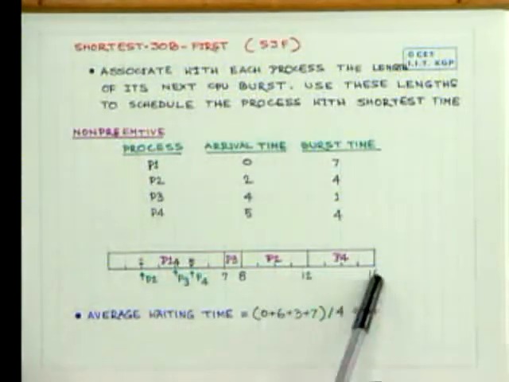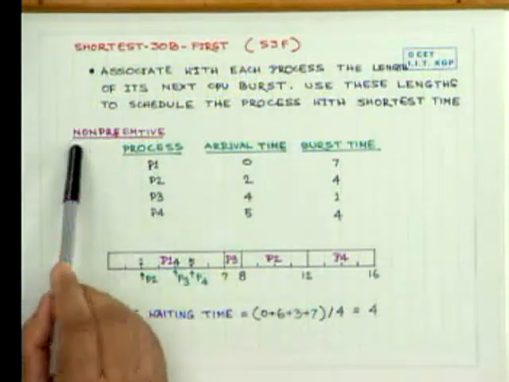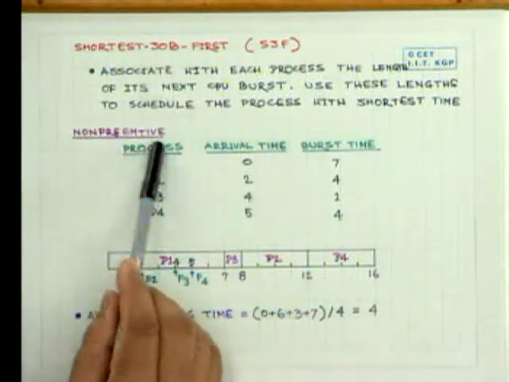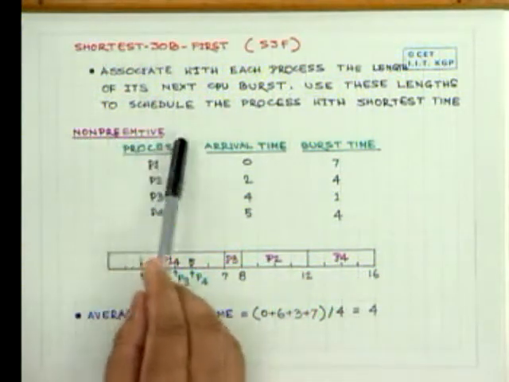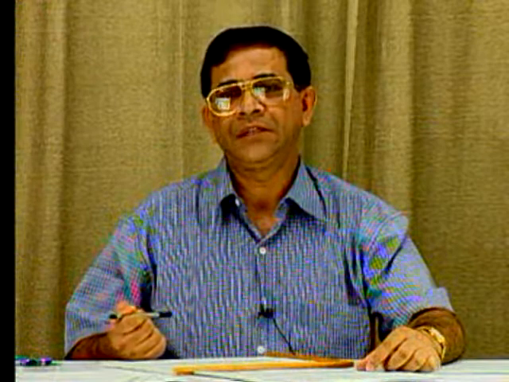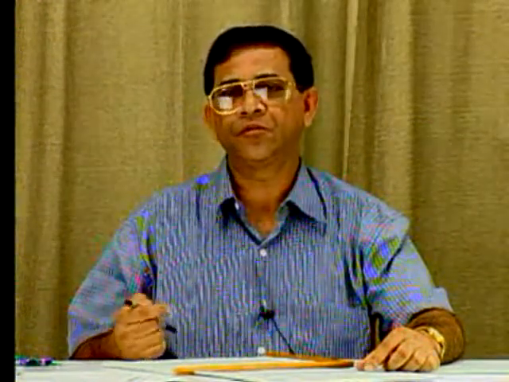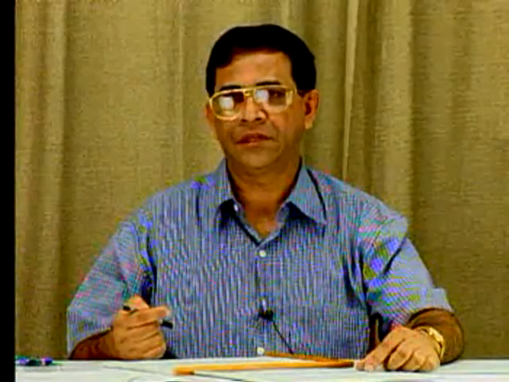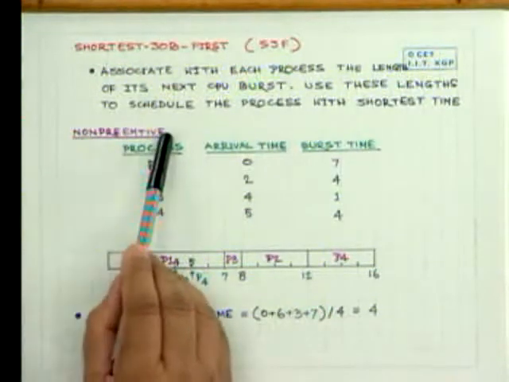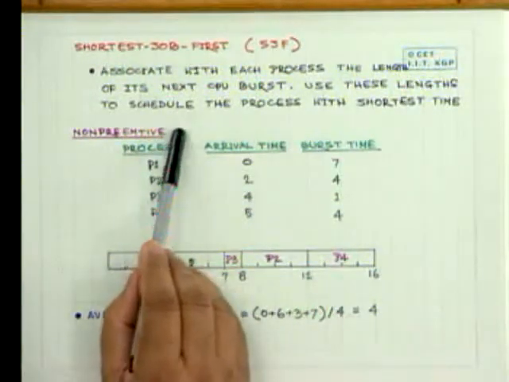Here, we have shown an example, and we are taking this to be non-preemptive scheduling. By non-preemptive we mean that once a particular process has been allocated the CPU, that process continues in the CPU until it goes into the IO wait state. Sorry, I should not say timed out. It's non-preemptive, therefore we do not time it out.